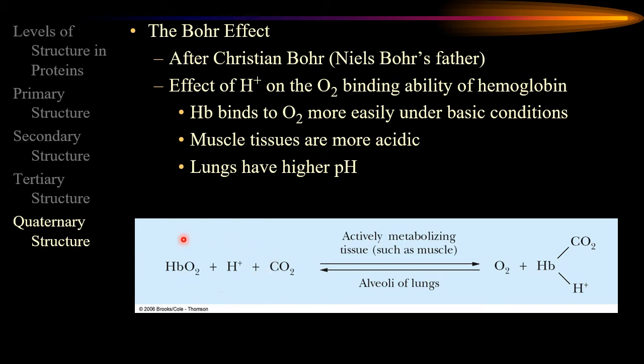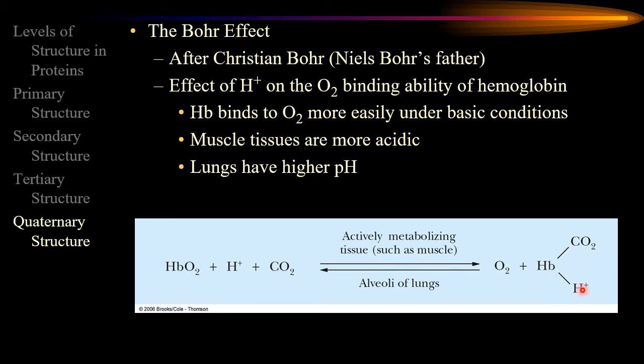Once the hemoglobin travels to the muscles, the concentration of hydrogen ions becomes high enough that it protonates the hemoglobin, and the concentration of carbon dioxide also increases. In the muscles, as we will see later, one of the byproducts of metabolism is the formation of carbon dioxide.